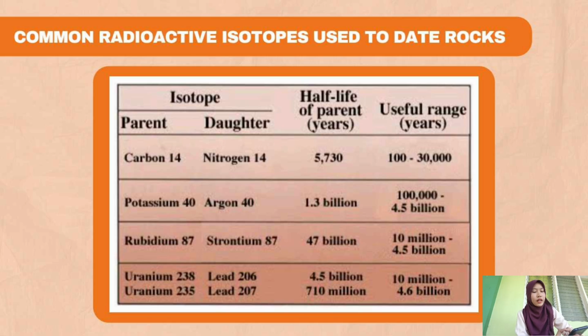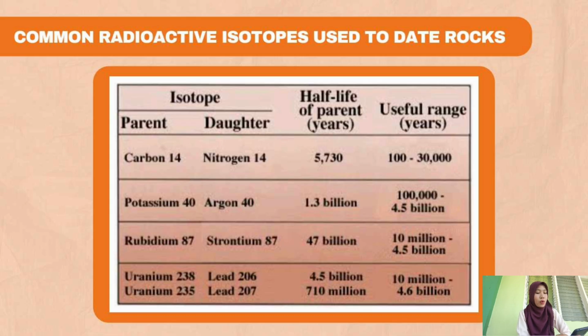So we have the carbon-14, potassium-40, rubidium-87, uranium-238, or uranium-235. So in carbon-14, this is usually an organic material, and the rest is the best in dating rocks, such as igneous rocks, while metamorphic rock or sedimentary rock are not really the best to date.